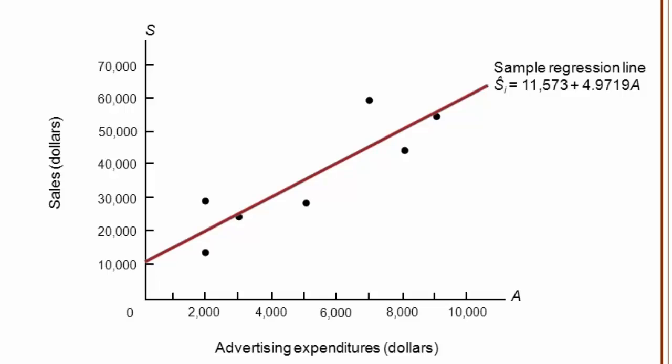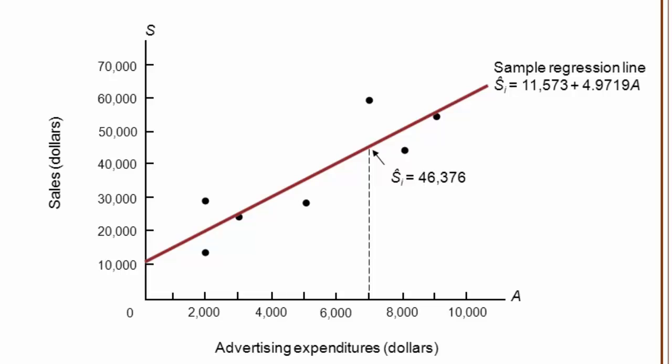Again, how it determined that is by thinking about the estimated value. So if we plugged in 7,000 as the value for A in that sample regression line equation, so 11,573 plus 4.9719 times $7,000, then the estimated value of sales that comes out of that equation is 46,376.